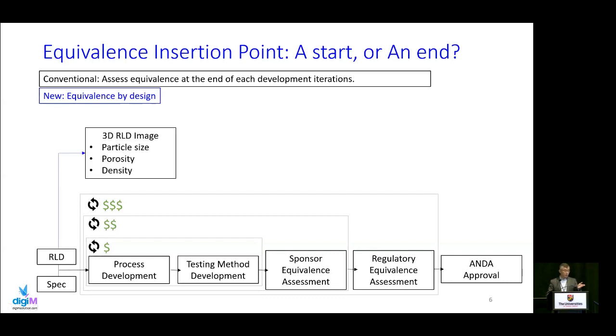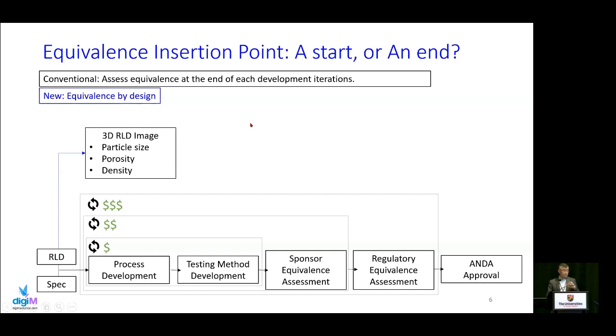So in this new workflow, we advocate equivalence by design. Before we even make anything, let's take a closer look at our RLD product. We collect a suite of three-dimensional correlative images, which includes characterization of particle size, porosity, and density, as well as a number of additional critical quality attributes.